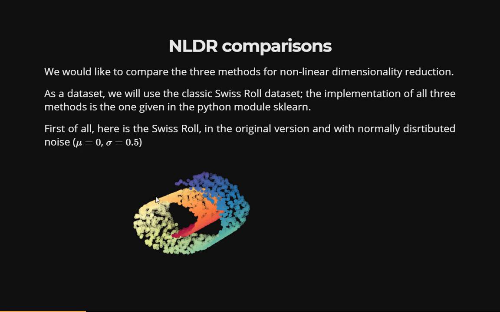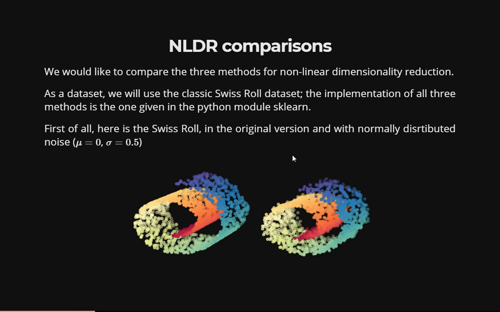It won't unroll the Swiss roll, which is the thing you would like any reasonable manifold learning method to do, so to recognize this is a two-dimensional thing rolled up in R^3. If you add some noise, what you obtain is a fuzzy version of it, so the points are not exactly lying on the surface, but they are more or less there.